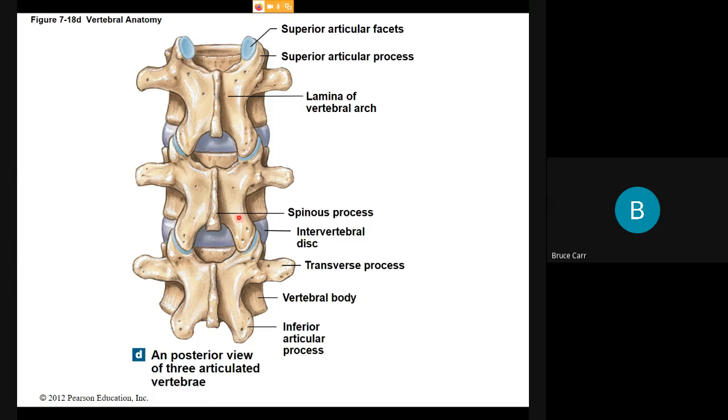So the first thing we're going to do is take these vertebrae, 3 are shown here, probably from a lumbar region, and we're going to stack them so that this anterior, round columnar thing called the body sits on top of and directly above the body of the vertebra below.